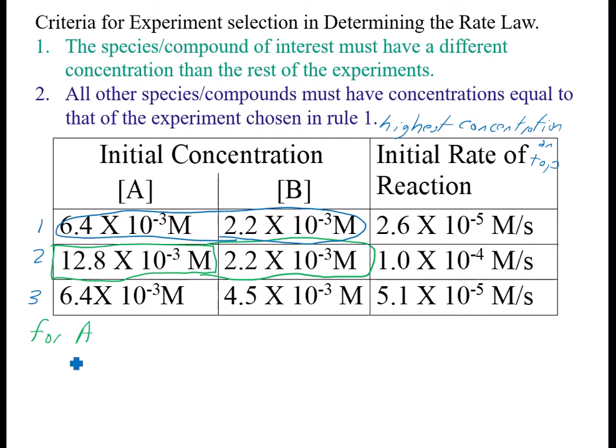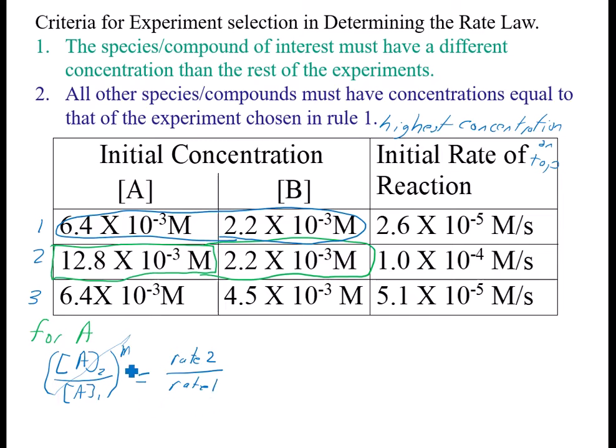So the formula is going to be the concentration of A for experiment 2 over the concentration of A for experiment 1, raised to the m, equals the rate for experiment 2 over the rate for experiment 1.